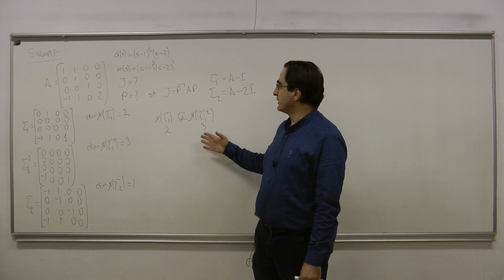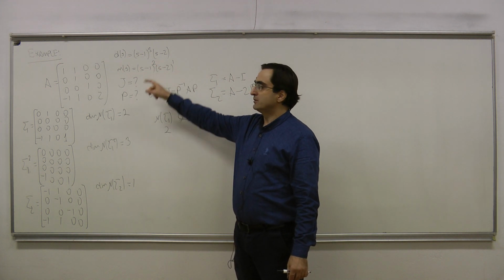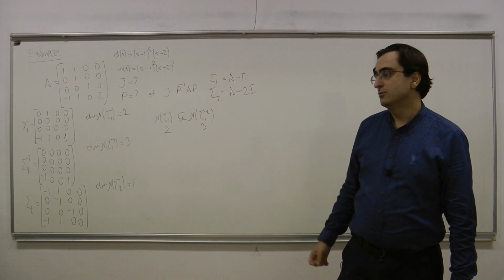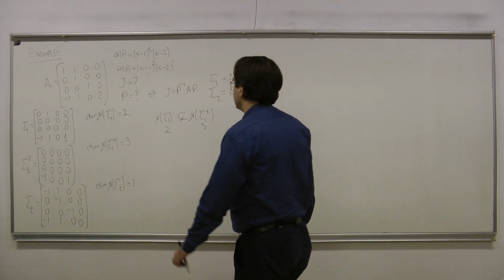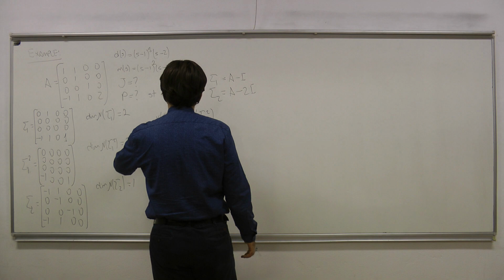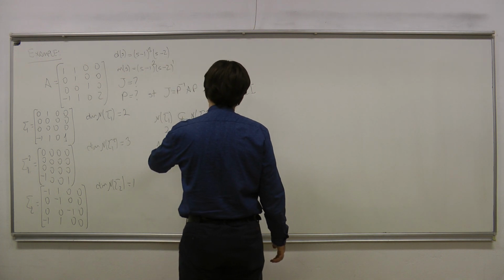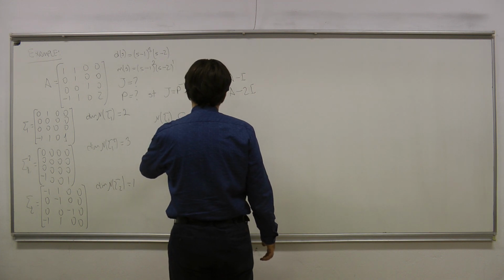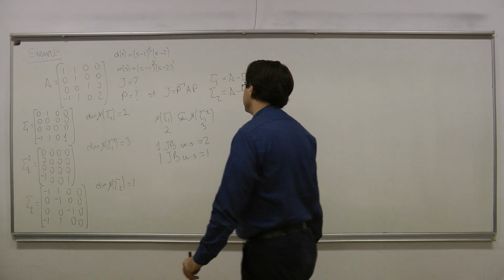In this case, no, because the minimal polynomial power is 2. That means that the size of the largest Jordan block would be 2. So I have 1 Jordan block with size 2, and 1 Jordan block with size 1. Okay?